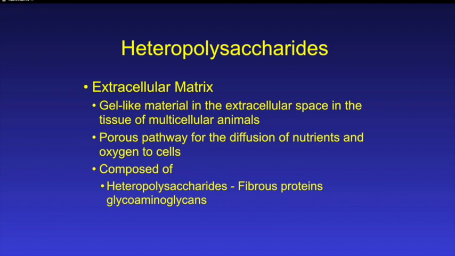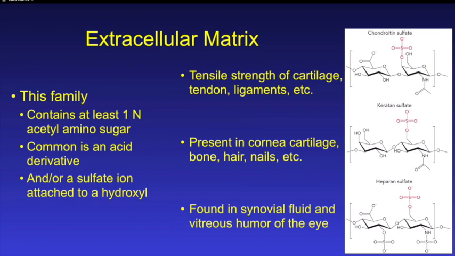Most of the time they are fibrous proteins that have a bunch of sugars on them. And so examples of these types of sugars or polysaccharides come in the form of, some of these you may have even heard about, chondroitin sulfate.